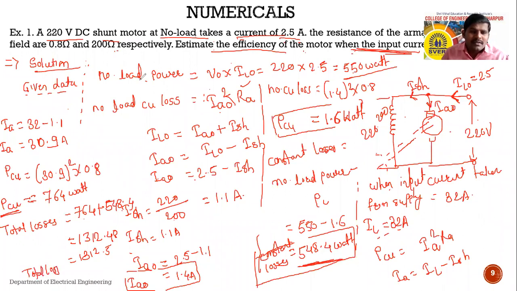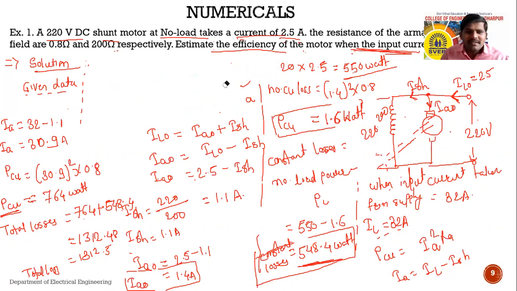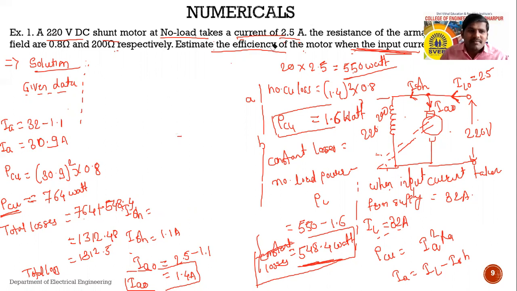Now the power taken from the supply when it takes 32 ampere current, it is nothing but, again the formula for power, P input, that is input power taken from the supply, is voltage V into current I. So what is the supply voltage? 220. The current taken in load condition is IL, the input current taken from the supply, not for the no load condition. 32.